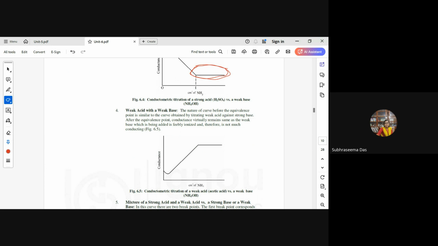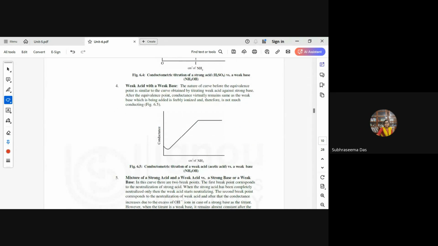The next case that we will consider is the conductometric titration of a weak acid, that is acetic acid, versus a weak base, that is dilute ammonia or ammonium hydroxide. The nature of the curve before the equivalence point is similar to that obtained by titrating a weak acid versus a strong base.